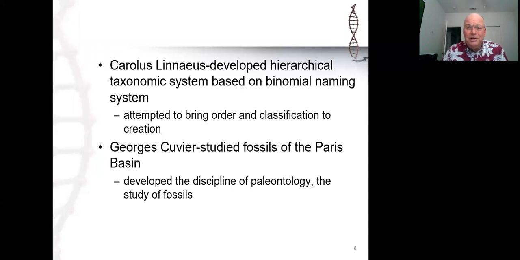A little bit arrogant on his part, but that was what he said. Darwin took this organization of life and said, those connections that Linnaeus talked about, those similarities that Linnaeus identified to create his groupings, exist because of evolution and natural selection.